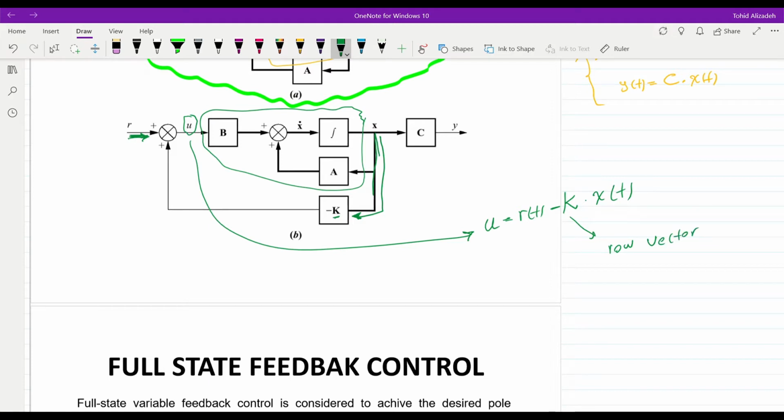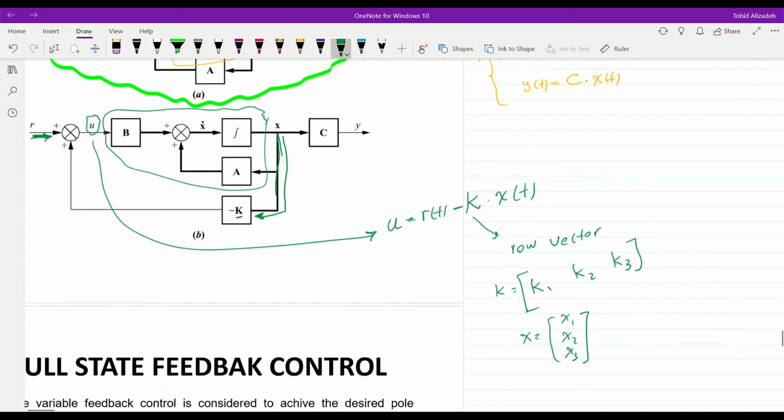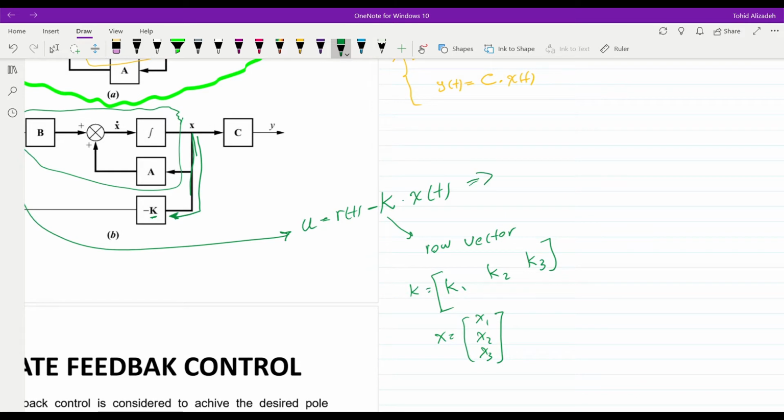So for K, we will have K1, K2, K3, and for x, we already have it in the form of x1, x2, x3, if we have three state variables for simplicity. Therefore u will be equal to R minus this row vector times the column vector, and this will give us a single value. So we'll get a single element as a result.